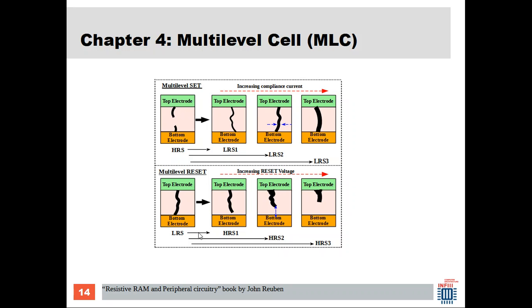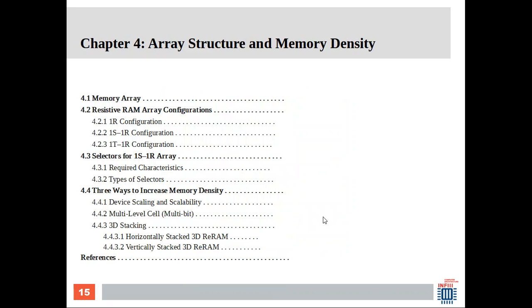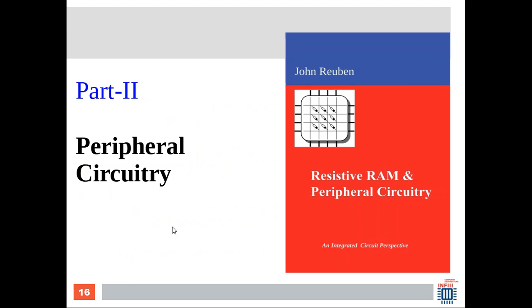And there is also another way of achieving multiple resistance states, where you have one low resistive state and multiple high resistive states. And that is because there's a larger gap between the filament and the counter electrode. So I discussed this multi-level cell capability and briefly about 3D stacking of the ReRAM. So that is part one.